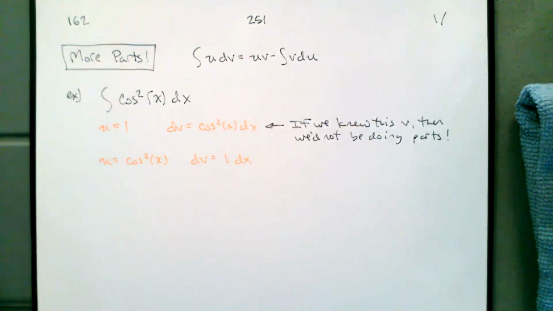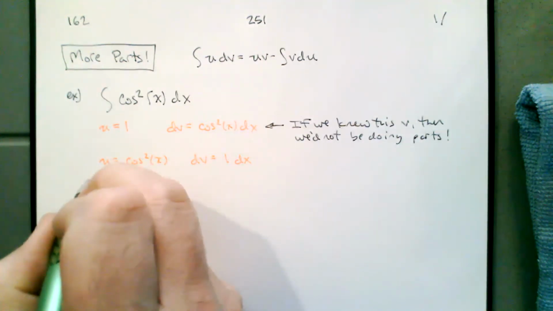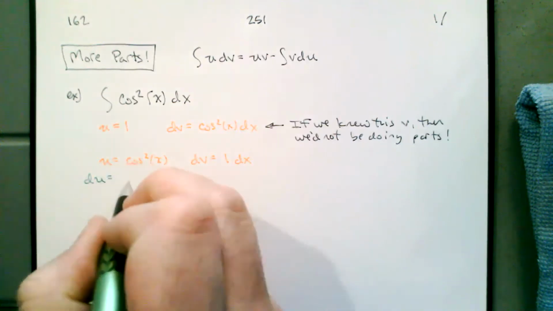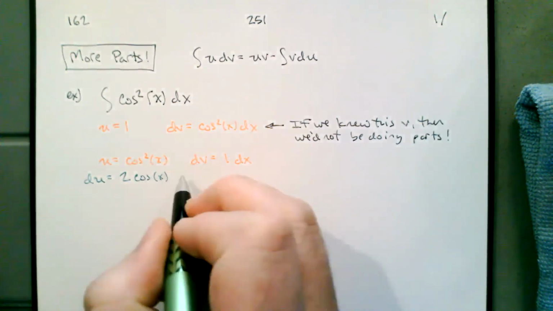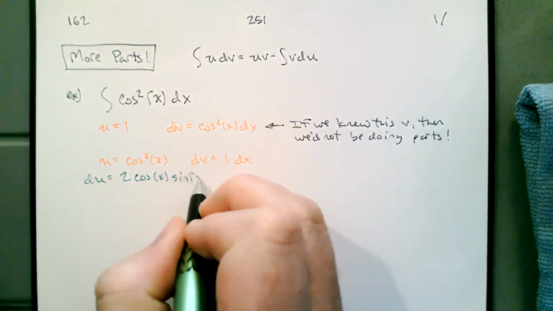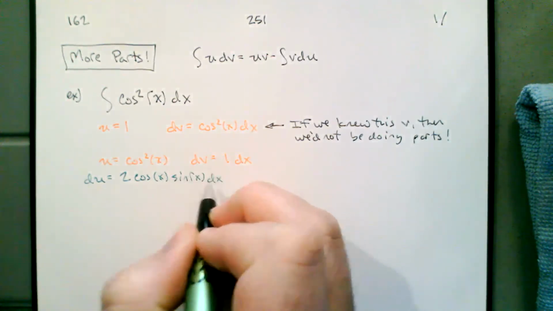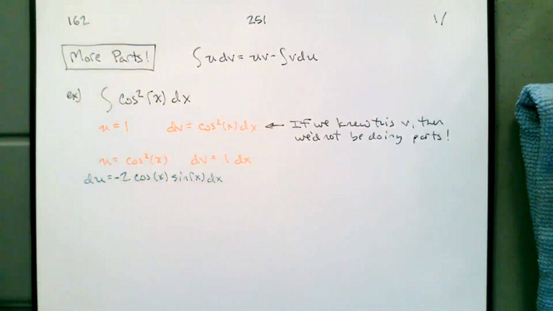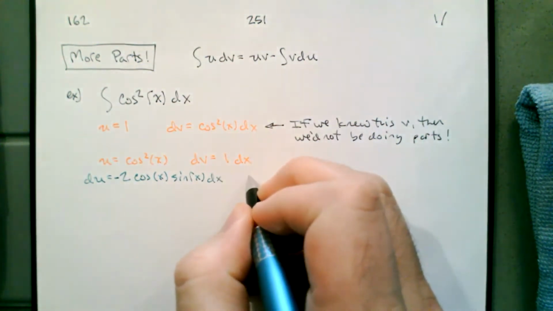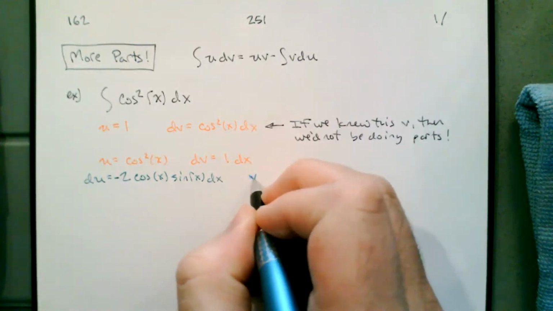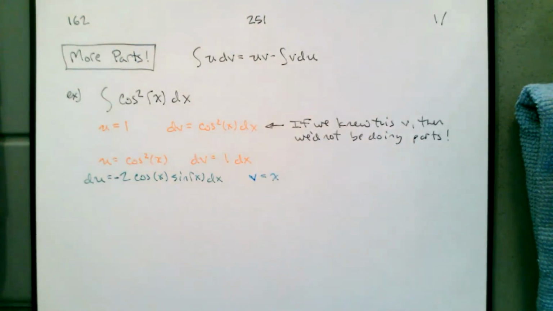So let's try this assignment of parts. du is going to be 2 times cosine to the first x times the minus sine of x dx, using the chain rule. Over on the dv side, if dv is 1 dx, then v is x.